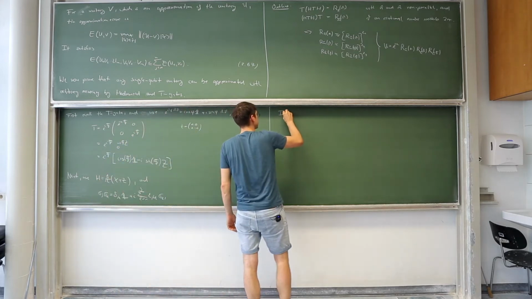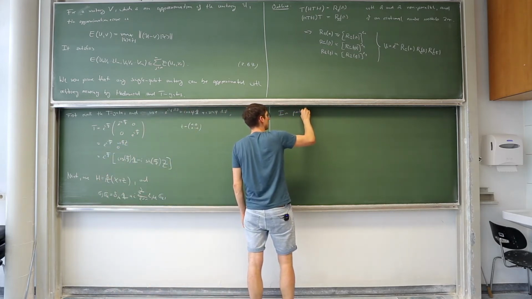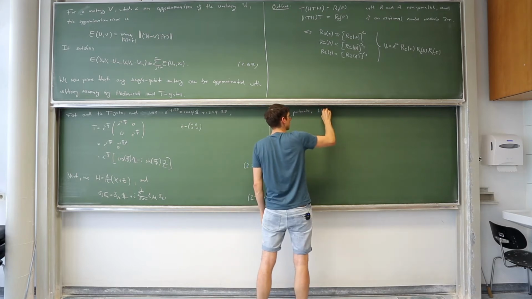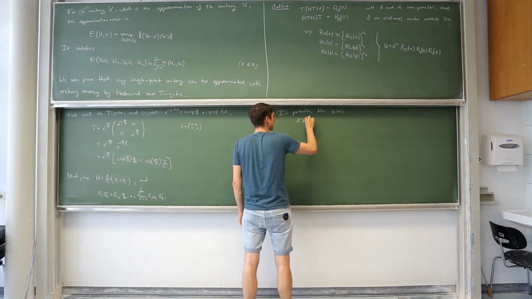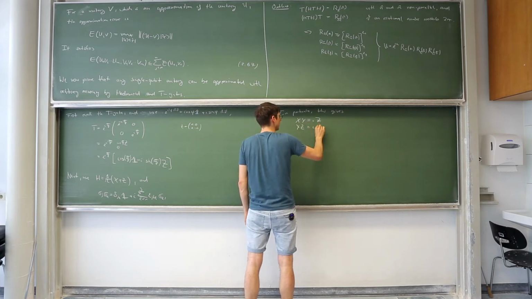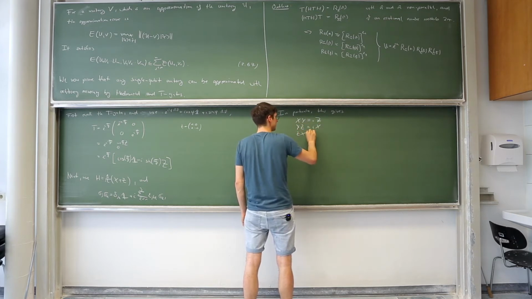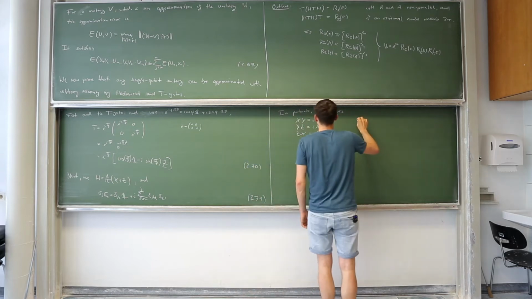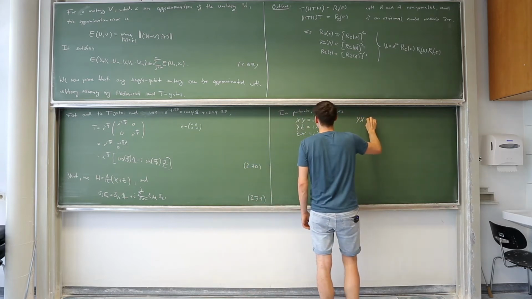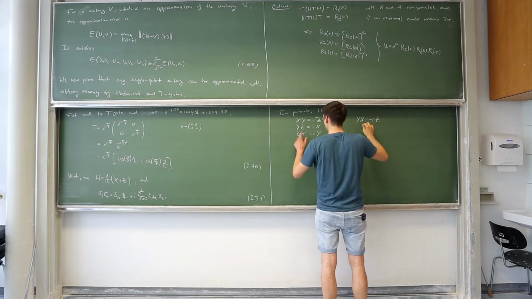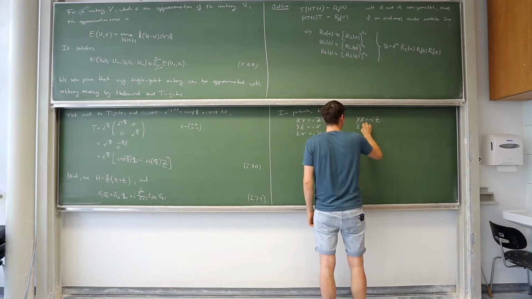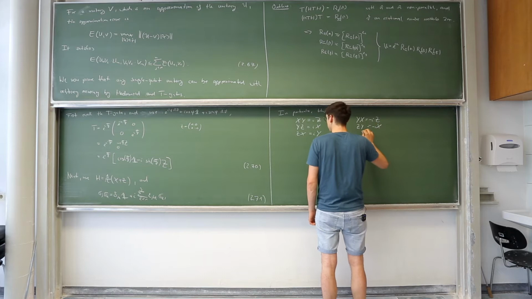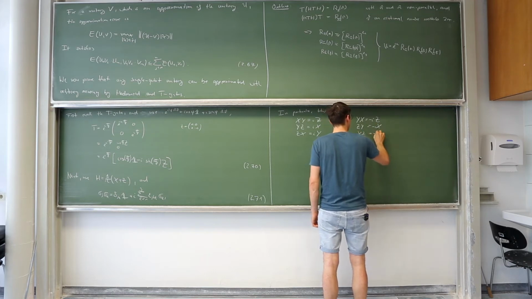So in particular, this gives x times y equals iz, then y times z equals ix, and z times x equals iy, and y times x equals minus iz, then z times y equals minus ix, and x times z equals minus iy.